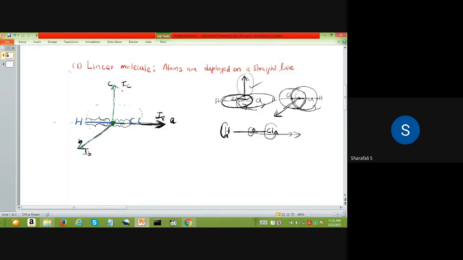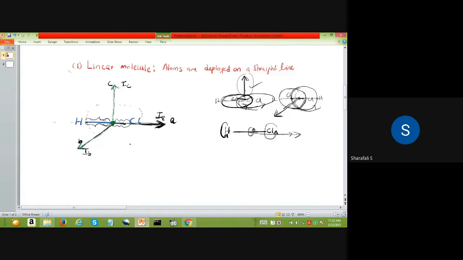And as we discussed, about this C axis, the perpendicular distance for chlorine and hydrogen is the same as the perpendicular distance of chlorine and hydrogen about this B axis. Both have the same hydrogen and chlorine atoms rotating about those axes, C and B. So they will have the same moment of inertia because the perpendicular distance and atoms are both the same.